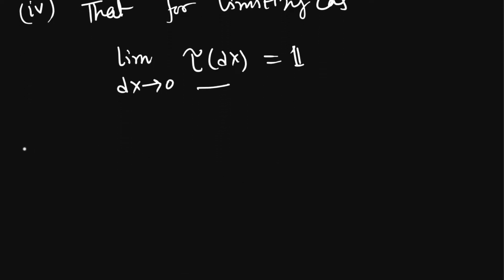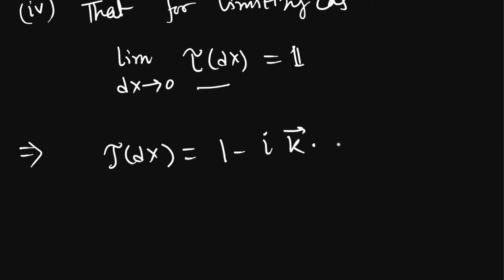Now let us assert that tau dx is equal to 1 minus i k dot dx, where k is a Hermitian operator.